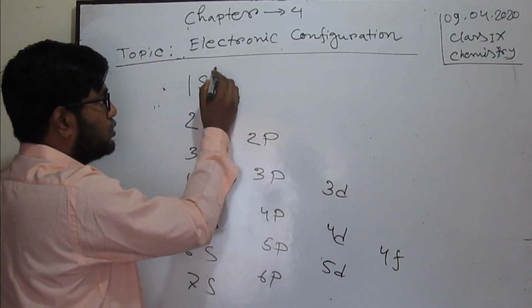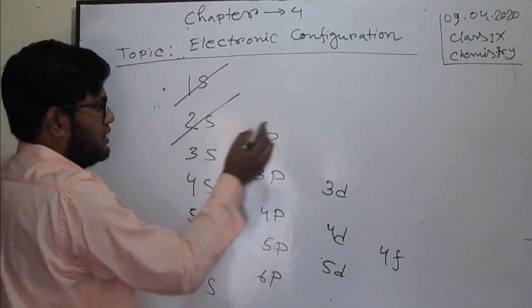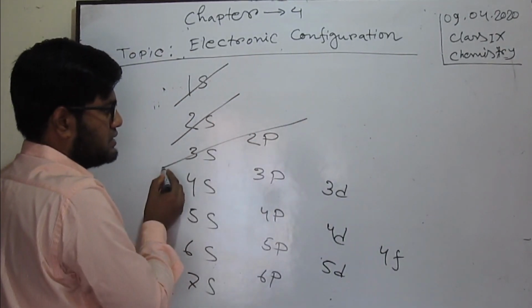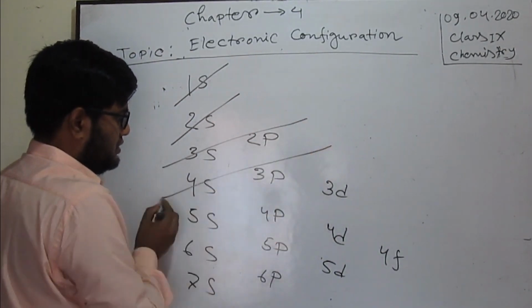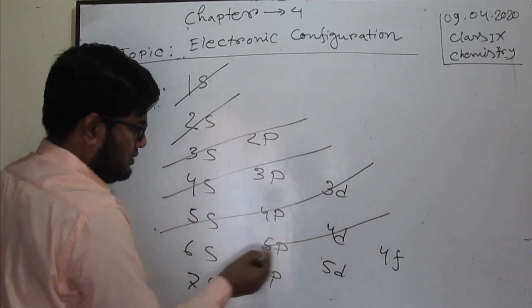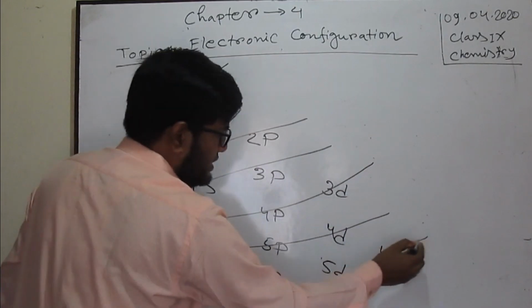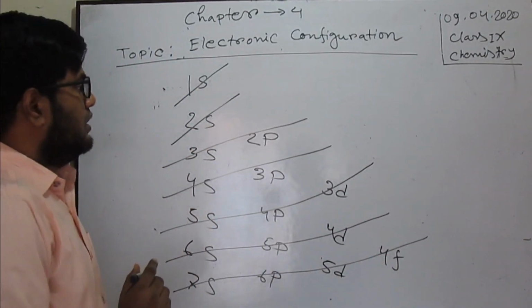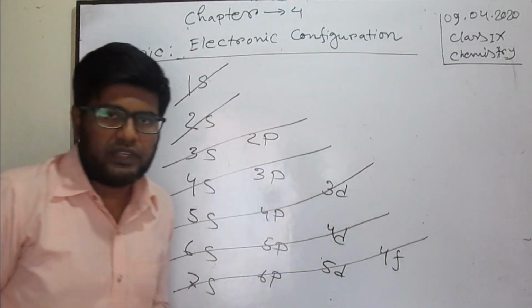At first electrons will go to 1s, then 2s, then 2p, 3s, then 3p, 4s, 3d, 4p, 5s. By following this sequence, you can write the electronic configuration.